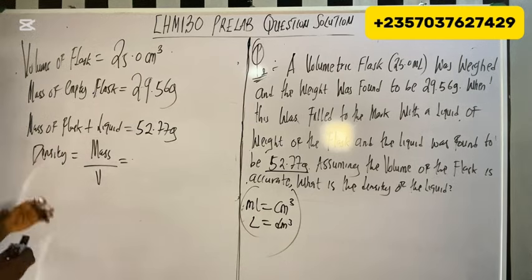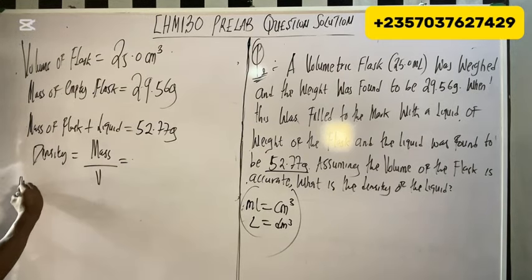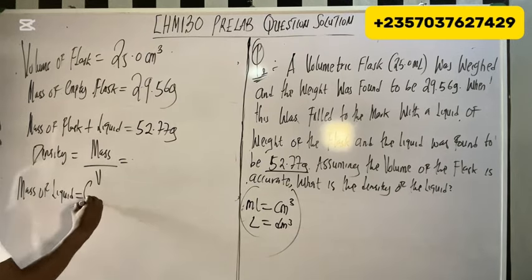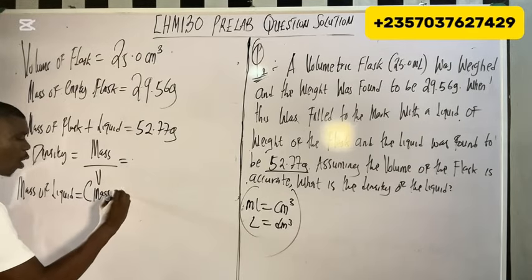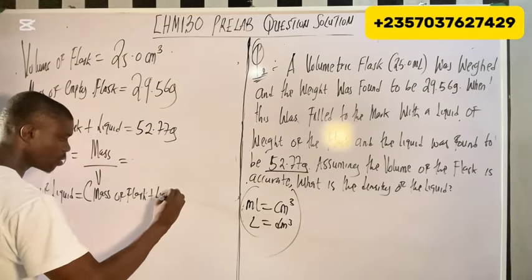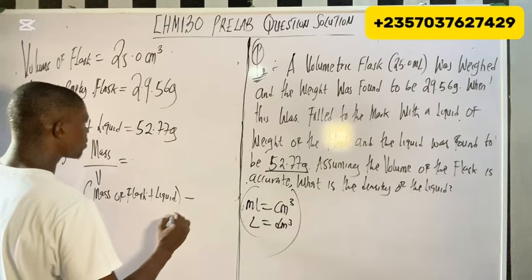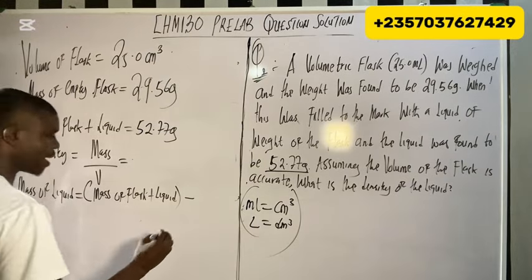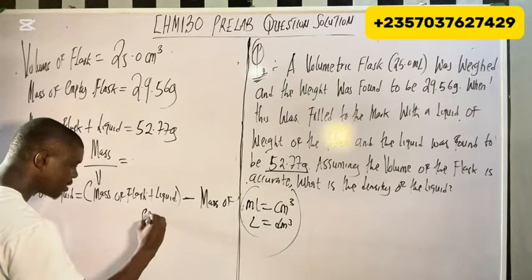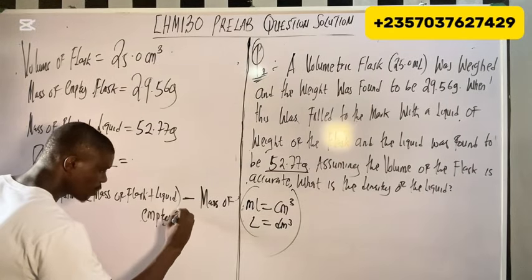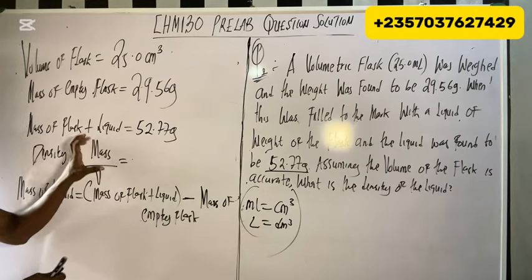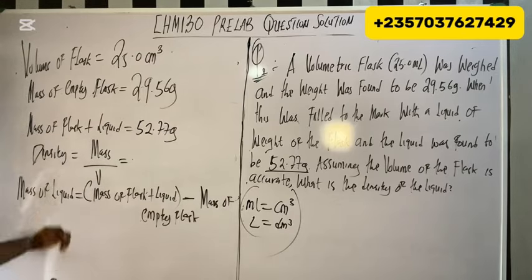So you can say mass of liquid is going to be mass of flask plus liquid minus mass of empty flask.